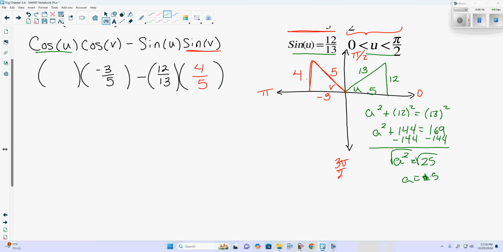But since it is attached to the positive x-axis, it's going to be positive 5. Questions on how we set that triangle up? Now for angle u, we're looking for cosine of u. Cosine is adjacent over hypotenuse, and the adjacent side to u is 5. Hypotenuse is 13.